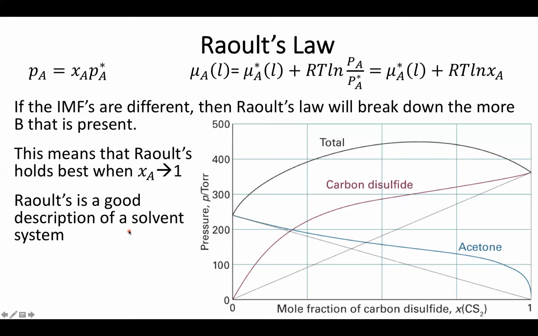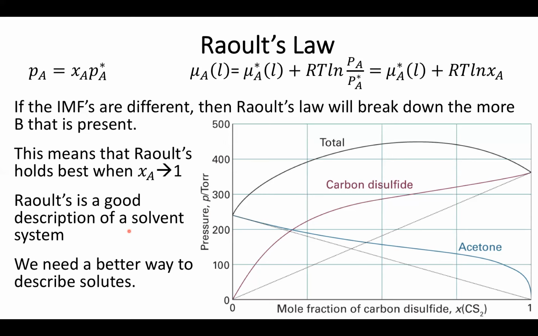So Raoult's is a very good description for solvent systems, but it's going to break down pretty hard for solutes. Because by the time you're a solute, you have no IMFs that look like yourself. You're interacting with somebody who's different. So you may end up wanting to get out of town or hang around. It really depends on the scenario.